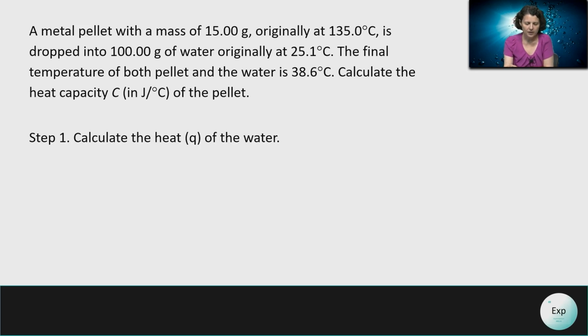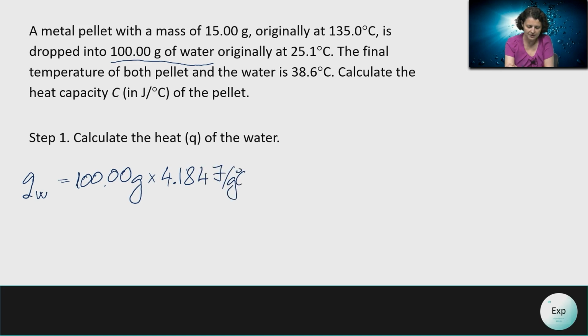If we have most of the information provided, then the heat of the water is going to be the mass of the water, in this case 100 grams, times the specific heat of water in the liquid phase, which we know to be 4.184 joules per gram Celsius, times the final temperature of the water, in this case 38.6 degrees Celsius, minus the initial temperature of the water, which is 25.1 degrees Celsius.